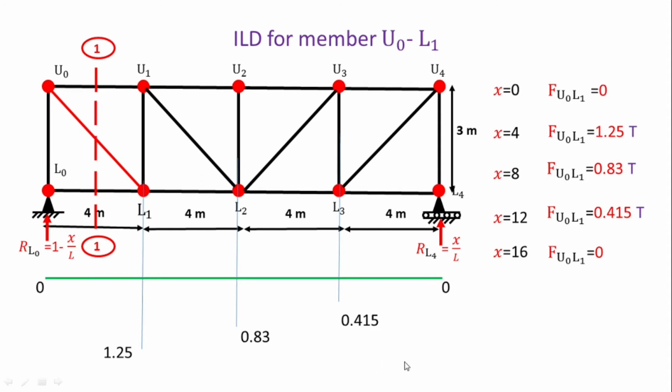Now join this line 0 to 1.5, then 1.5 to finally 0, and we have drawn this line below the reference line because we are considering that the tension as negative and compression as positive. So here, when the unit load is at L0, L1, L2, L3 and L4, for all the values, this member is subjected to the tensile force. So that is why this ILD is below the line.